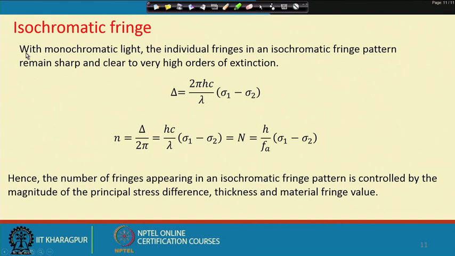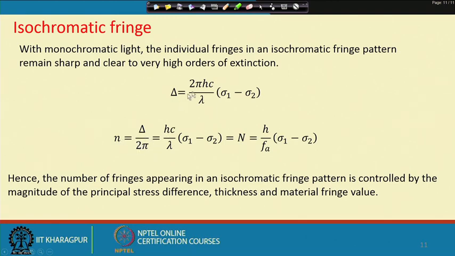Essentially, with monochromatic light, the individual fringe in an isochromatic fringe pattern remains sharp and clear to very high orders of extinction. So, this is the stress optic law, and n equals delta by 2 pi. That means delta by 2 is essentially n pi, and only then does the isochromatic fringe occur.